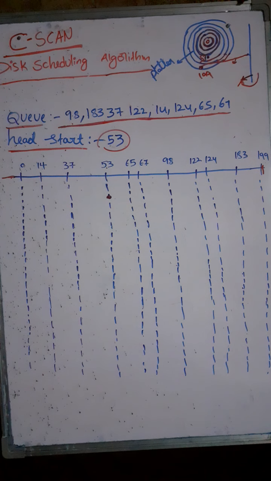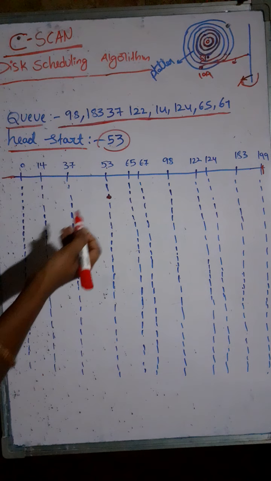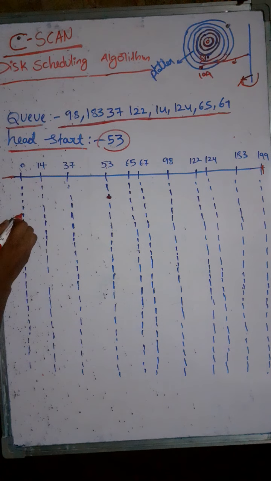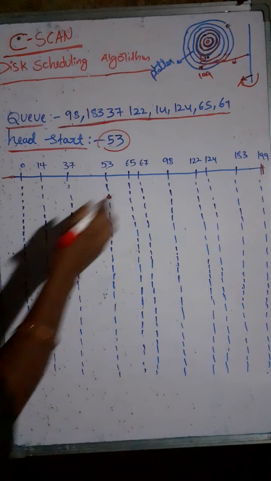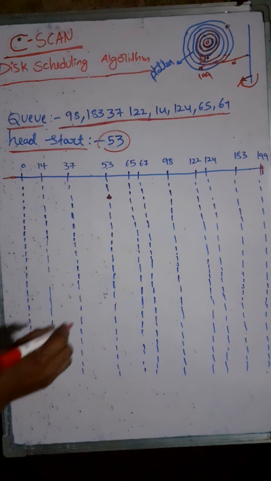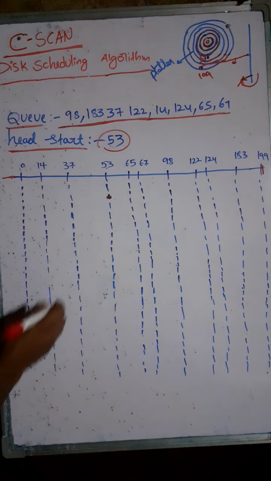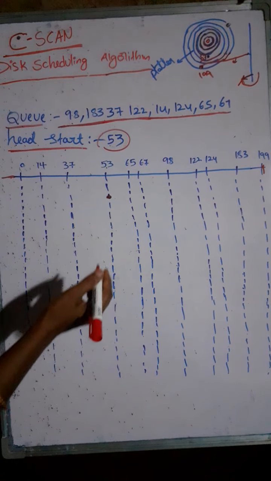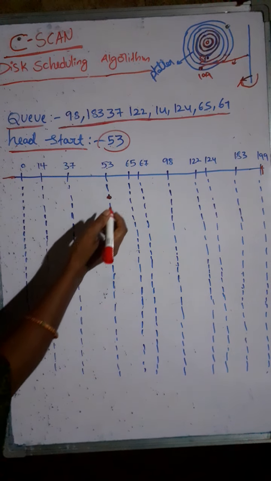First let us see some points about the SCAN algorithm, then we will see C-SCAN. In the SCAN algorithm, the arm can move in either direction, either towards 0 or towards 199. Let us assume it is moving towards 199. While moving towards 199, it will serve all the requests in its path.